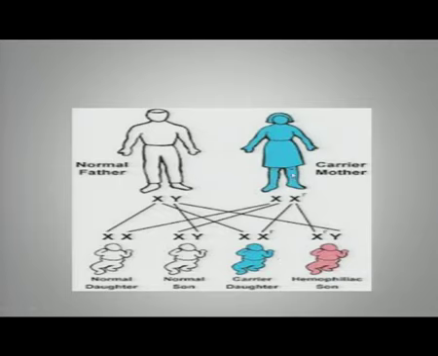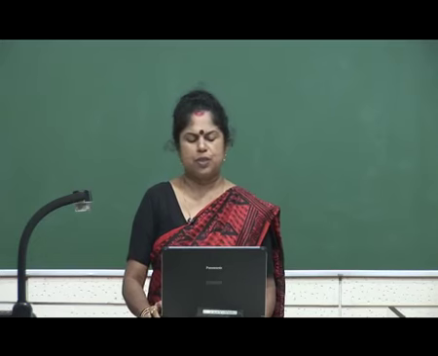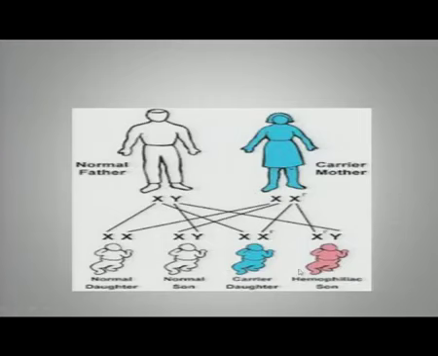So, from mother the allele moves to son, then from son it will move to his daughter. So, it moves in a zigzag manner, that means criss-cross inheritance.